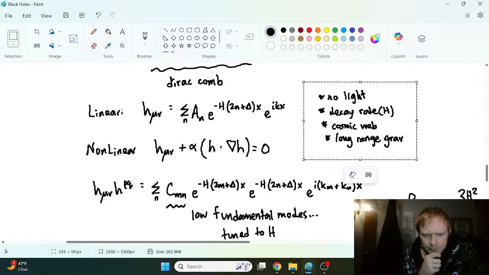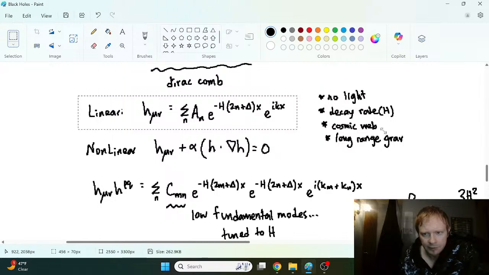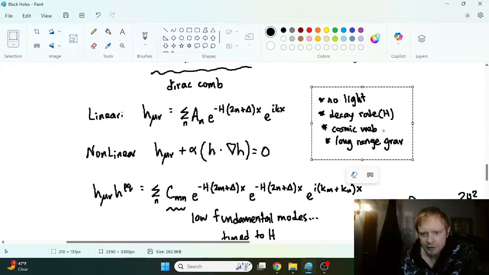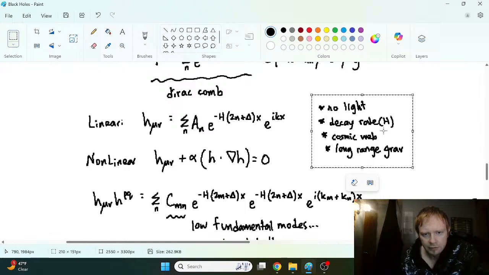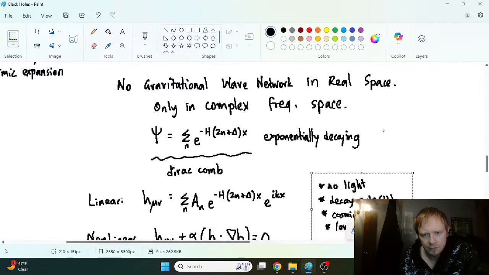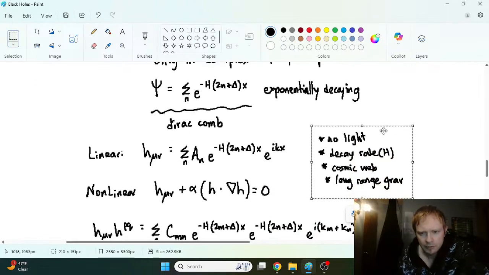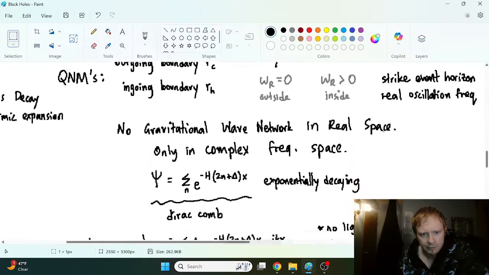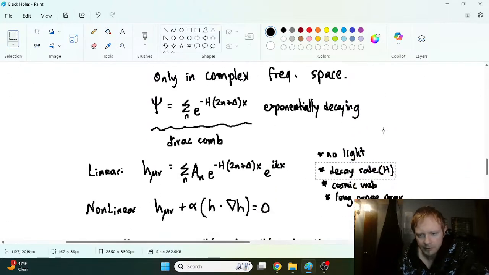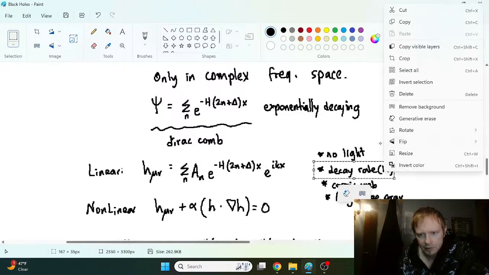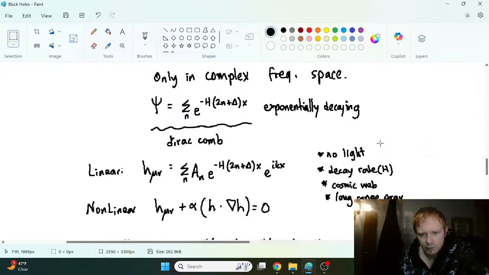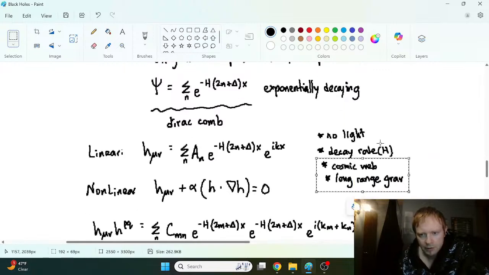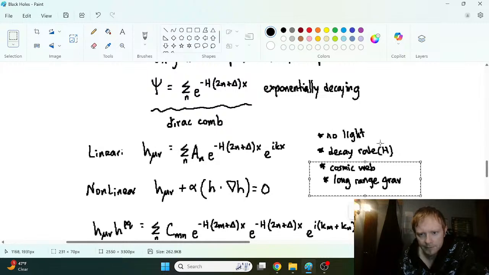But if we have this setup here, essentially gravitational waves, even though they are in this complex frequency space, it's interesting because they don't interact with light because they're not electromagnetic radiation. There's no real frequencies. It's only imaginary space, complex space. The decay rate is based off of H, which is interesting. It makes a big cosmic web everywhere because it's everywhere.